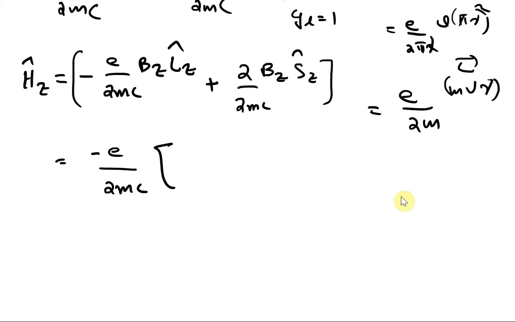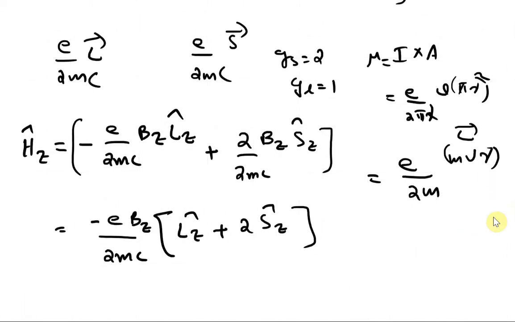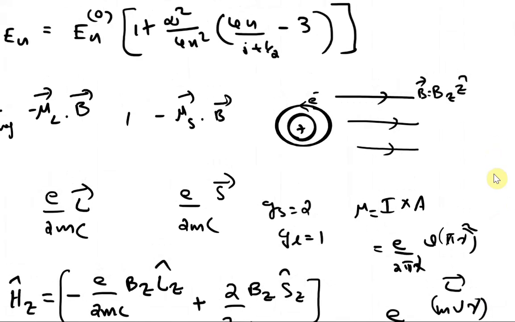Bz is also common, you can take it outside, Bz. So this is nothing but Lz cap plus 2 Sz cap. So this is the kind of perturbation term that we have when you are introducing the hydrogen atom into this magnetic field.